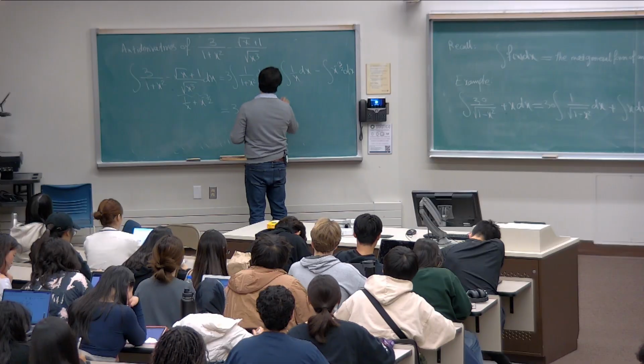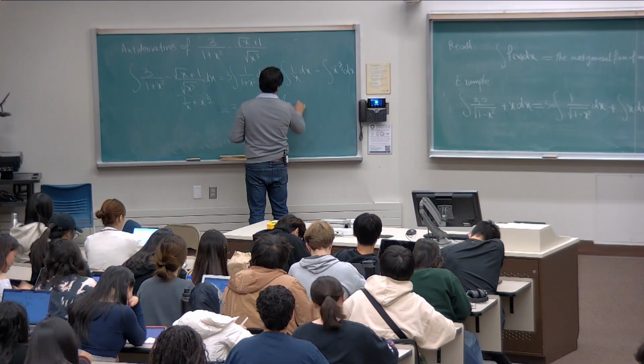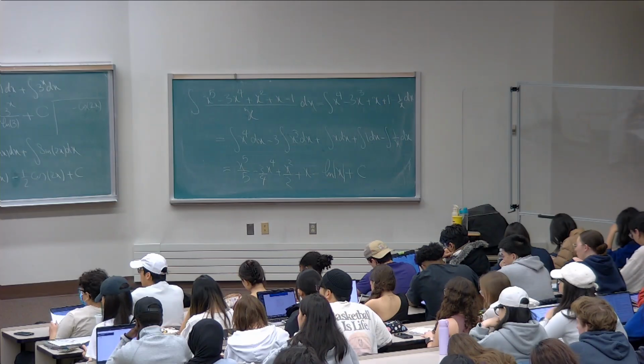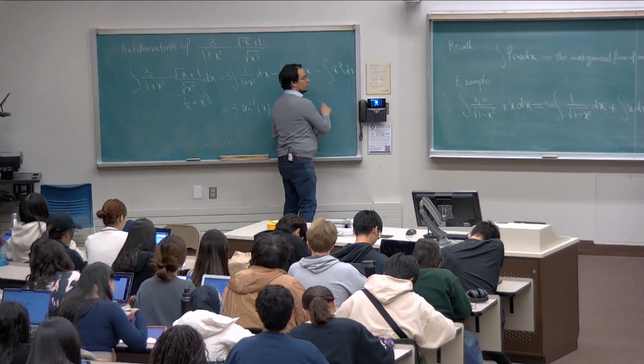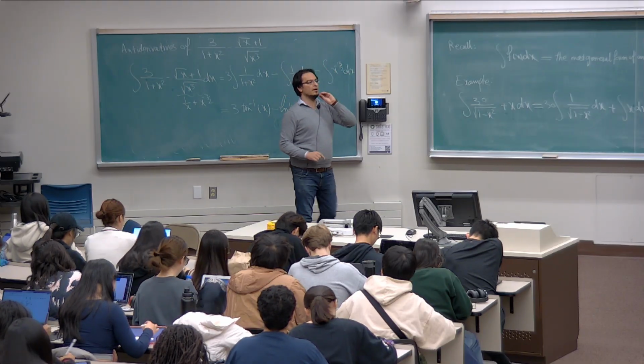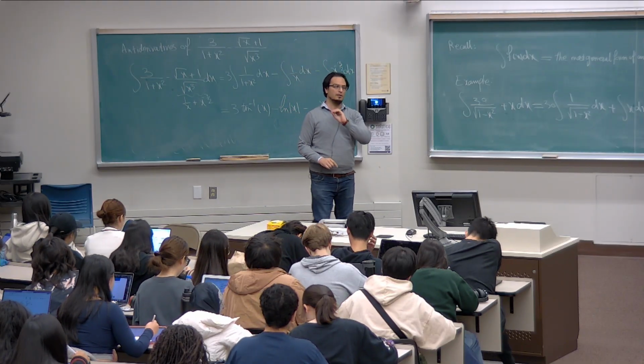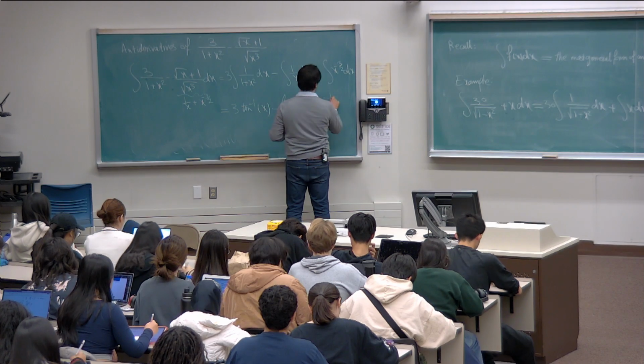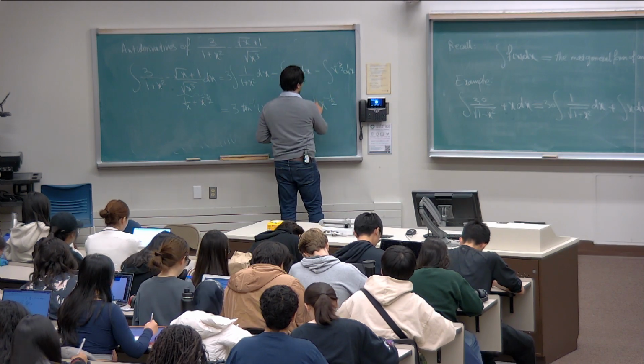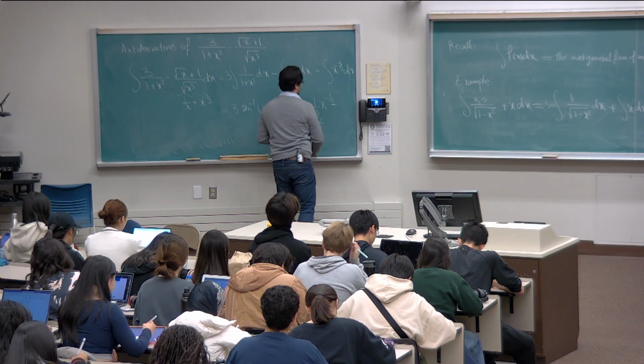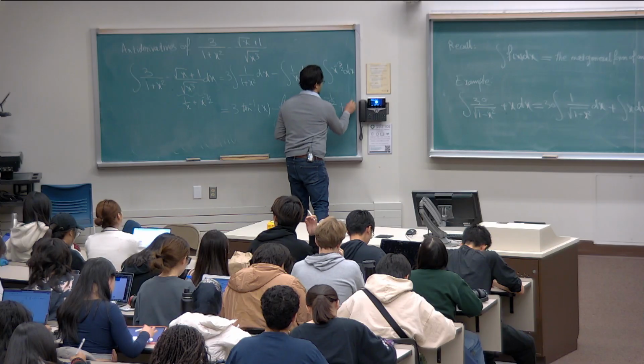Minus ln of the absolute value of x, minus. So this is x to the power negative 3 over 2 plus 1, which is negative 1 over 2, and then 1 over that term, plus c.